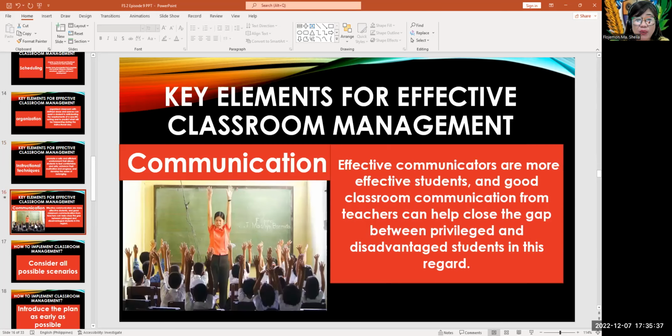Next, what can you see on the picture? A teacher who is giving instruction inside the classroom. Aside from that, it can also be effective for the teacher to be good.